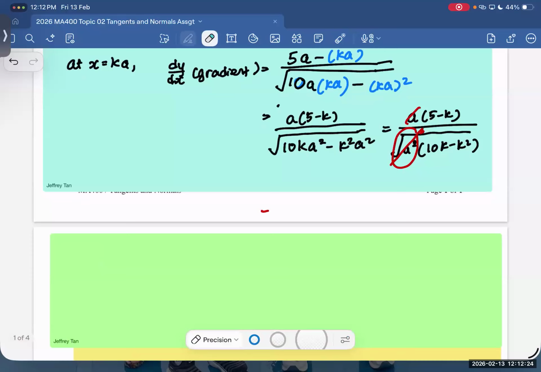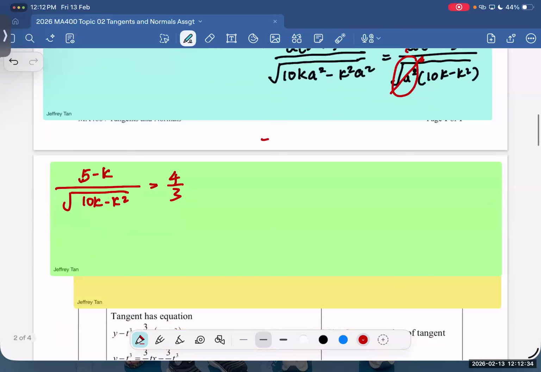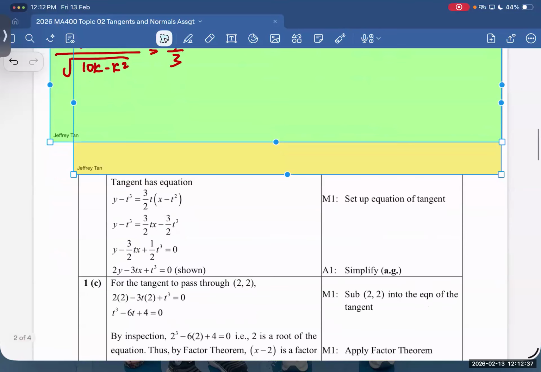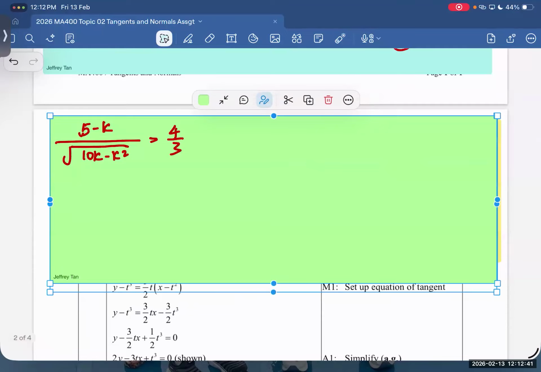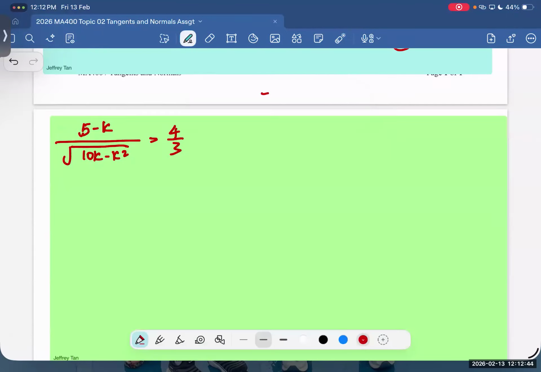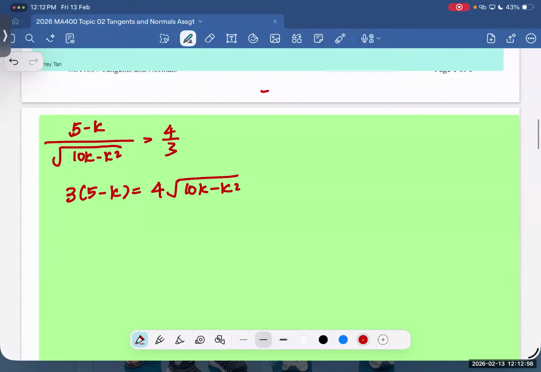So now, (5 minus k) over the square root of (10k minus k squared) equates to 4/3. Usually what do we do, guys? Very good, cross multiply. Please help me check if I make any mistake because I'm also doing this live. At this point, before we square both sides, usually what we want to do is isolate the surd, so that when I square, there are no more surds coming up.